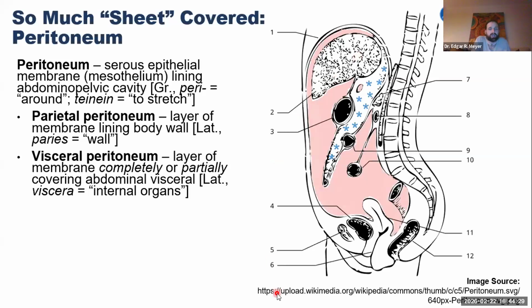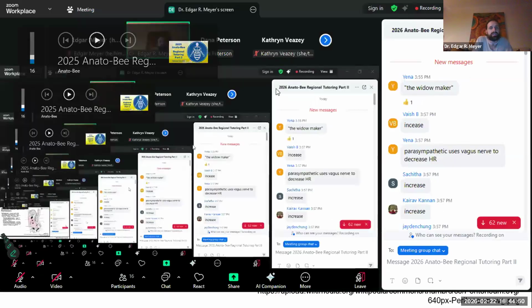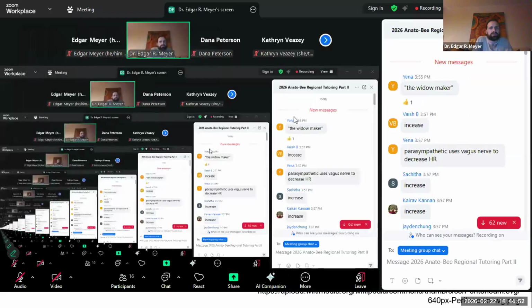And so y'all have already been exploring some synonymous terms, right, with things like pericardium, pleura, just as an example.